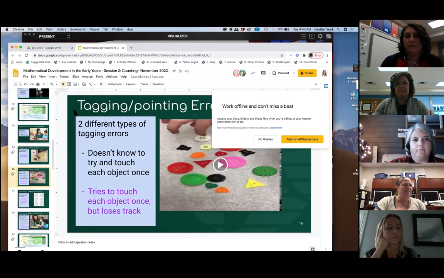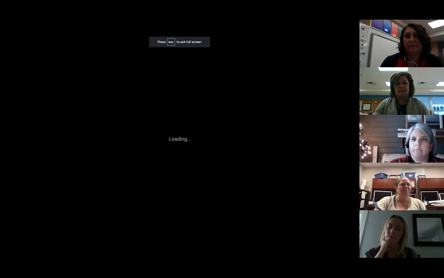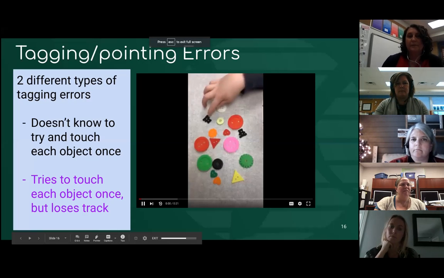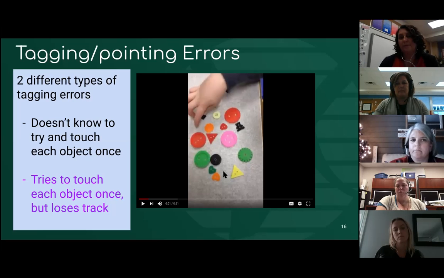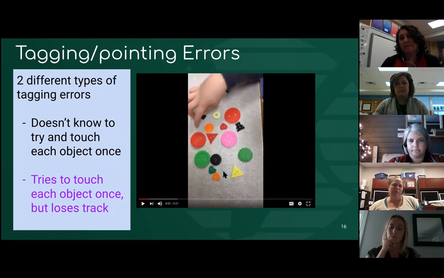This one here, where he was counting and he knew that he wanted to get them all, but he knew that he maybe had missed some, or that he had counted some more than once. He wasn't sure. And so this is where, with the need for organization and keeping track, I might do one of two things. I might partner them at the small table, a couple of students who are at this point similarly, where I can really tell that they are thinking about, have I counted that one yet or not?